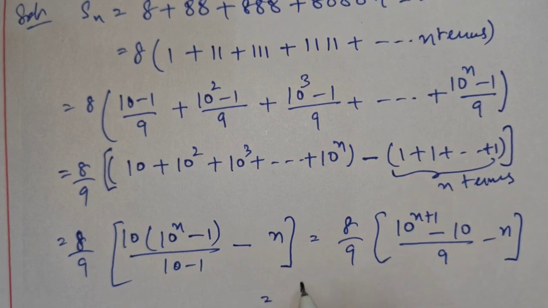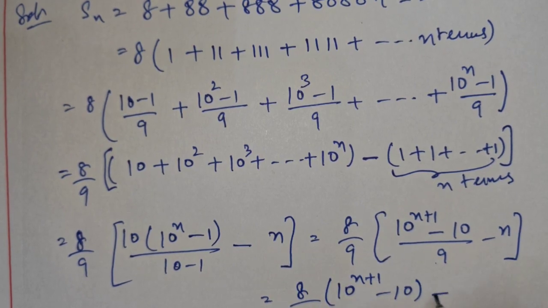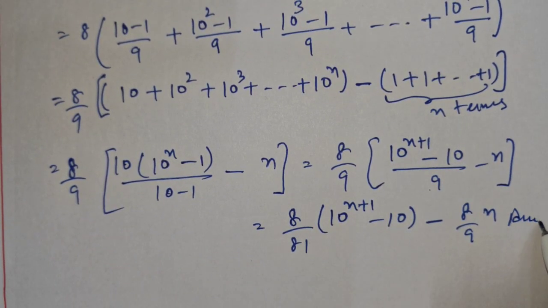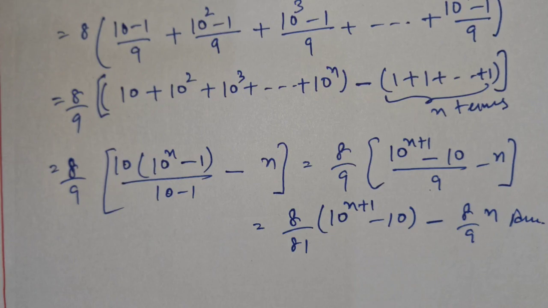So this is further equal to 8 upon 81 into 10 raised to power n plus 1 minus 10, minus 8 upon 9 into n. So this is the required sum up to n terms.